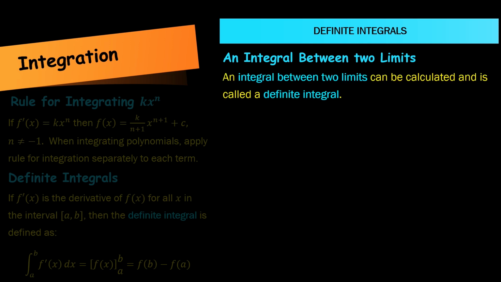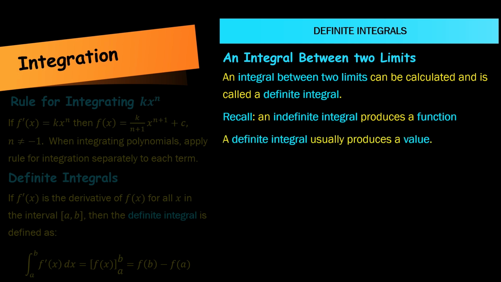An integral between two limits can be calculated and is called a definite integral. Recall that an indefinite integral produces a function, and a definite integral usually produces a value.